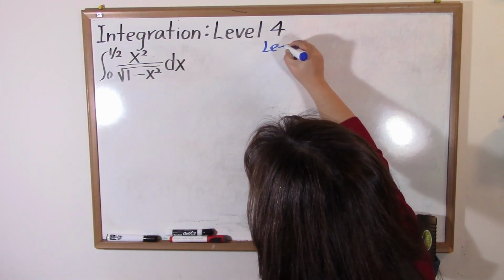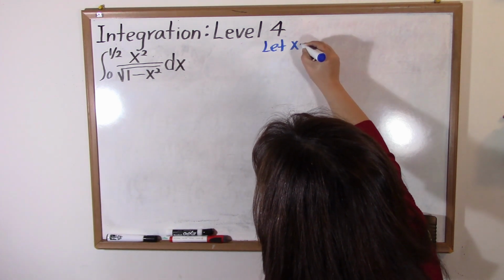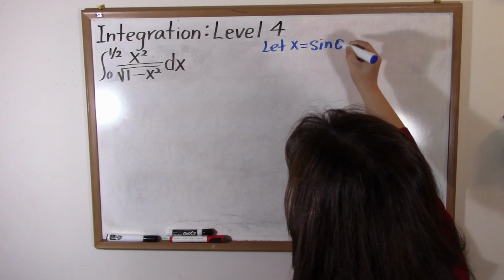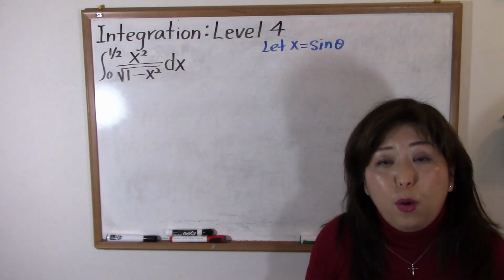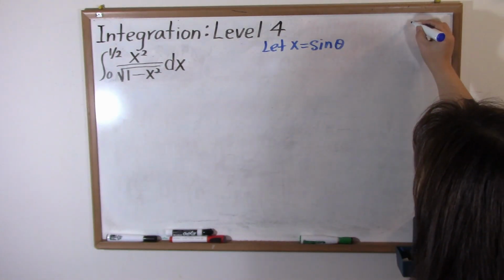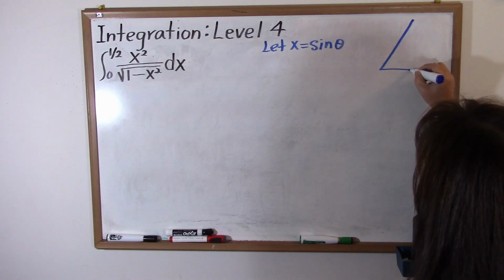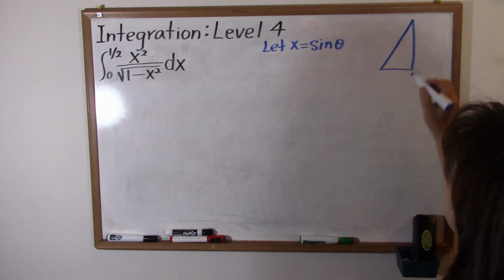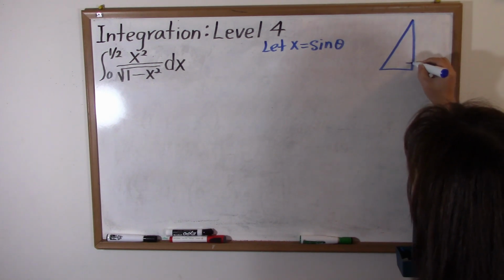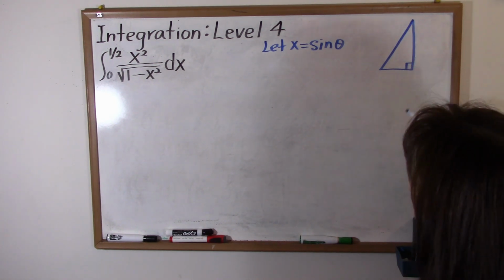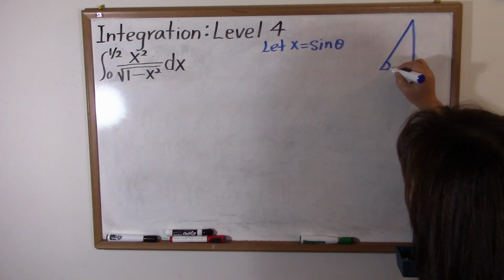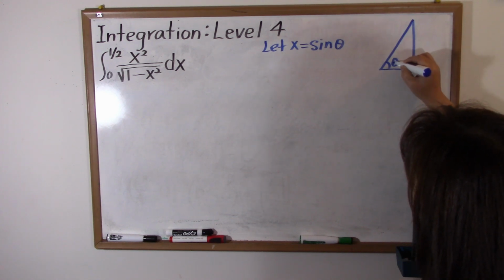So, first of all, we are going to let x be equal to sine theta. That's the point, okay? So I'm going to draw the figure over here to make you understand. This is a right triangle, and this is theta.